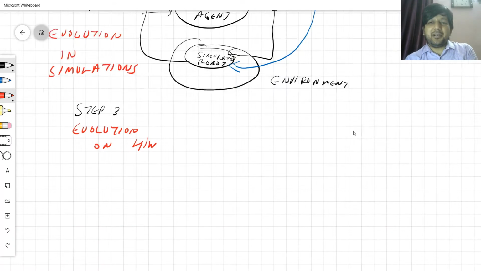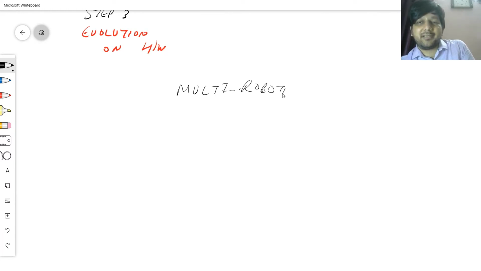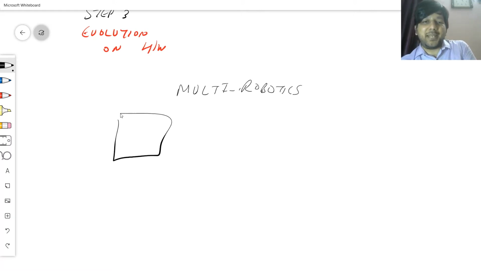Now, let's very quickly talk about, because we started with the notion of swarm, so let's go on to multi-robotics. There are two types. One is centralized.